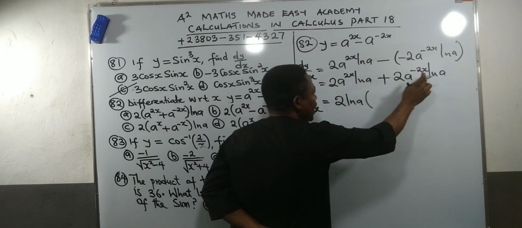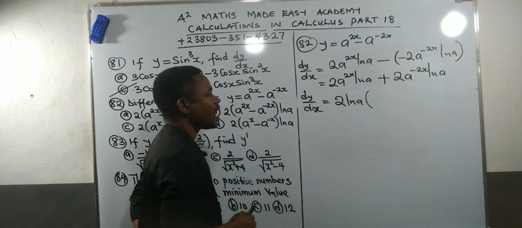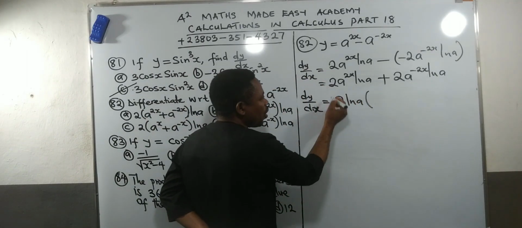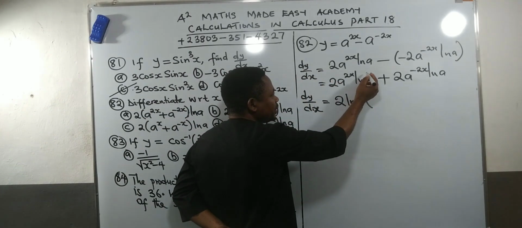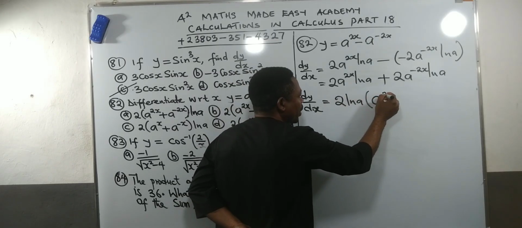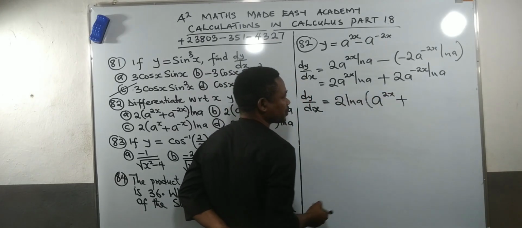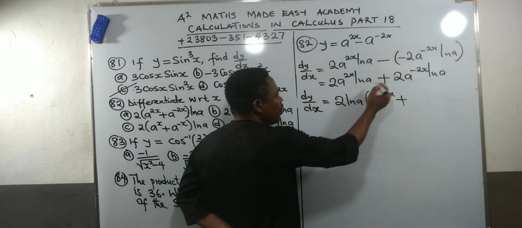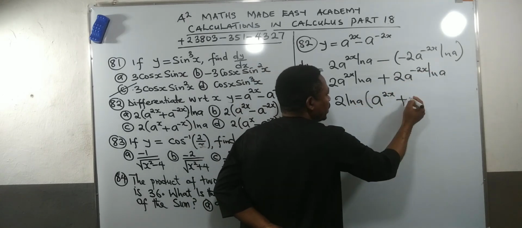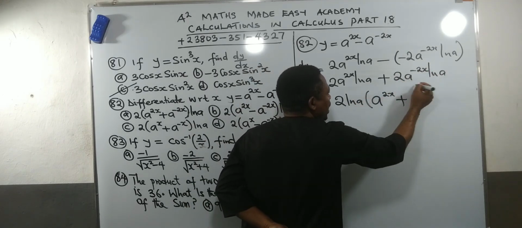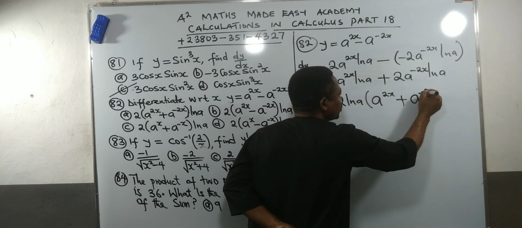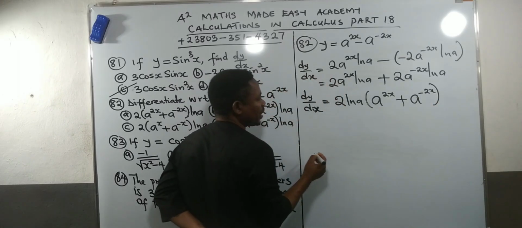There is ln A, there is ln A. Factor ln A out. So if 2 goes with this 2, ln A goes with this ln A, it will give you a to power 2x. Are you there? Then plus. Then if 2 goes with 2 and ln A goes with ln A, there remains a to power minus 2x. And that should be the final answer.